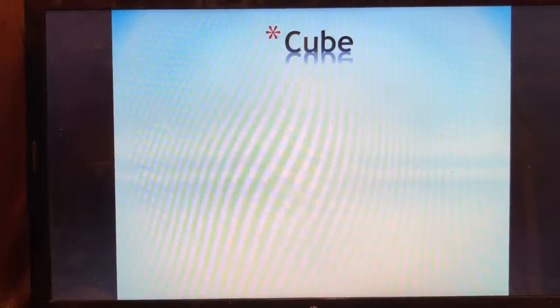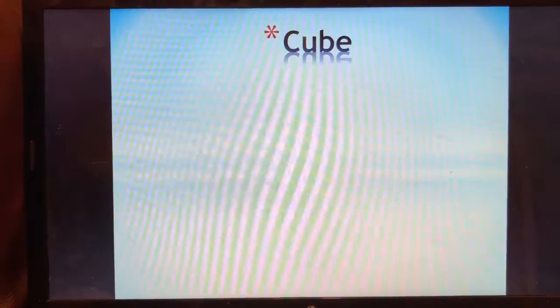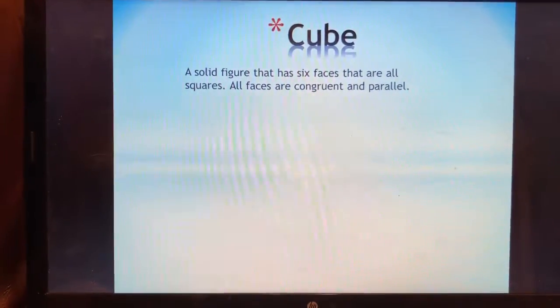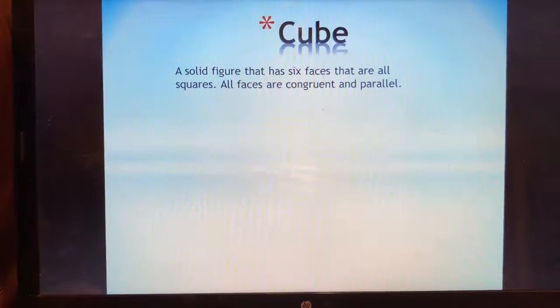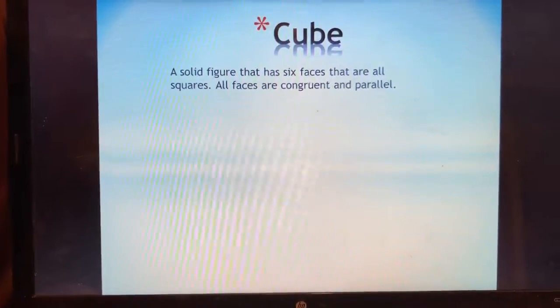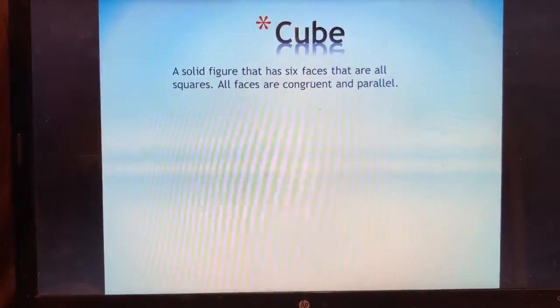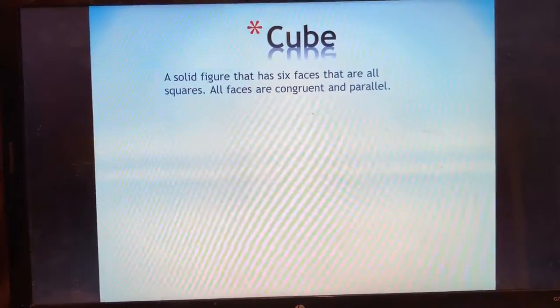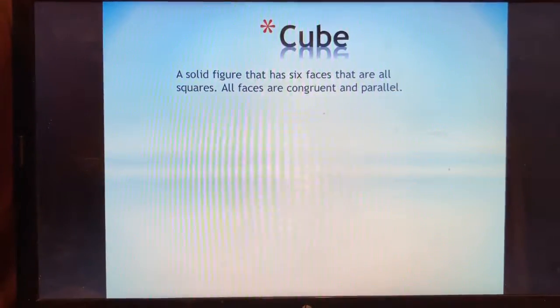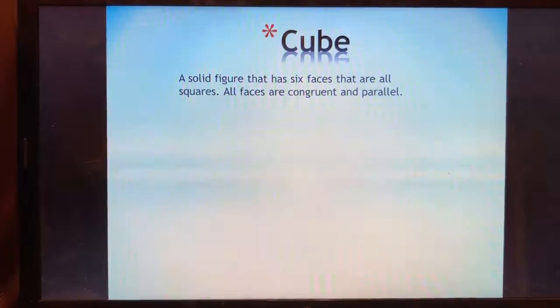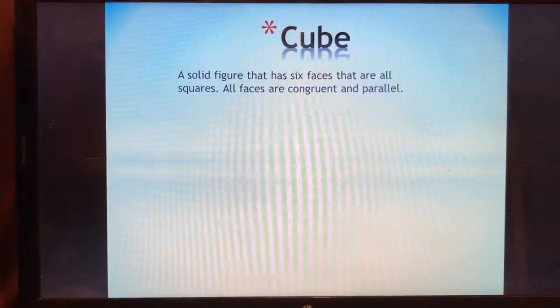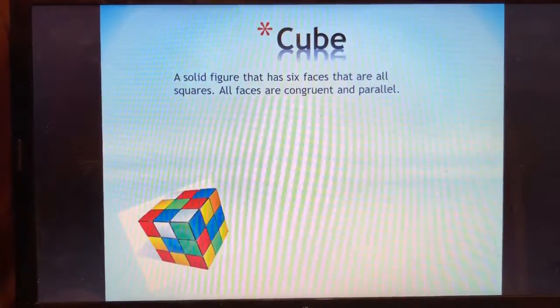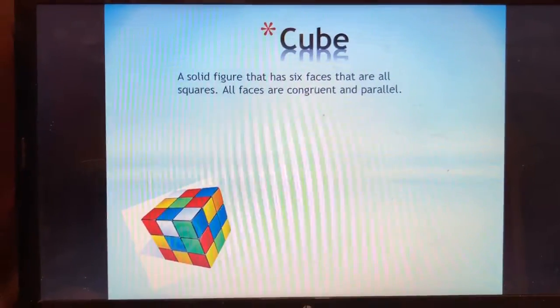Okay, now we will be discussing cube. So a cube is a solid figure that has 6 faces that are all squares. All faces are congruent and parallel. If we look at some real-world examples of a cube, the most common would probably be a Rubik's Cube.